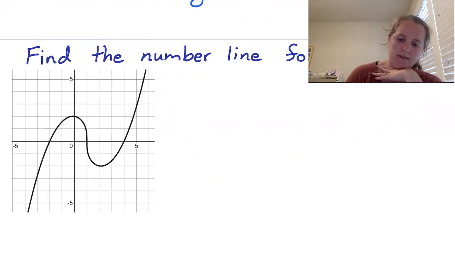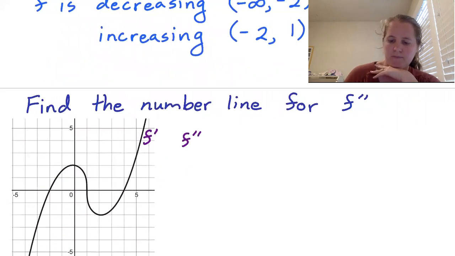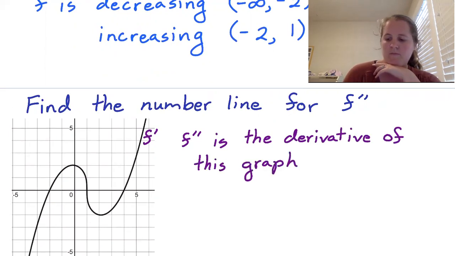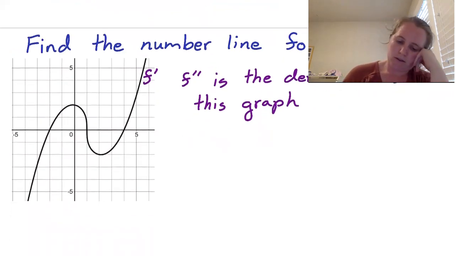Again, this is our graph of f prime. The second derivative, f double prime, is the derivative of this graph. So we're going to look at where this graph is increasing or decreasing to figure out what's happening with f double prime.